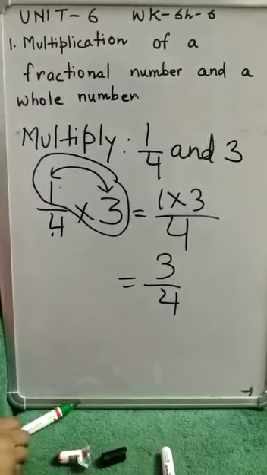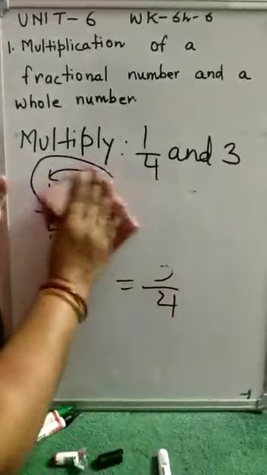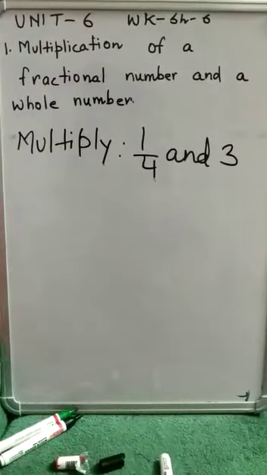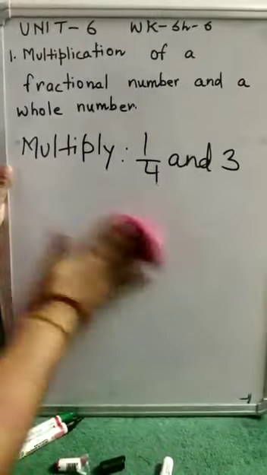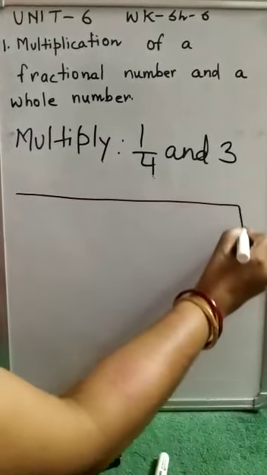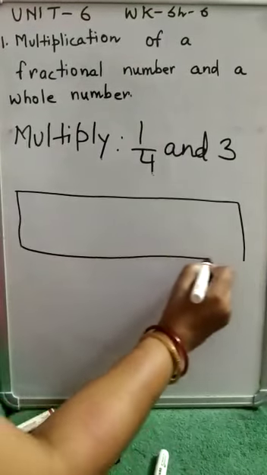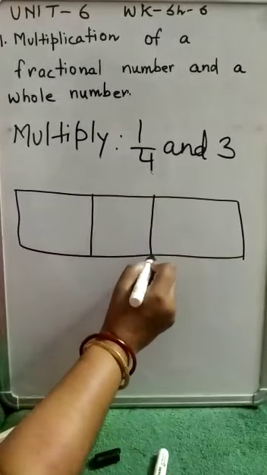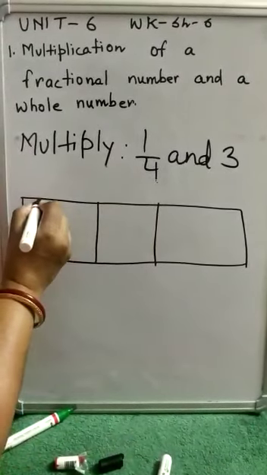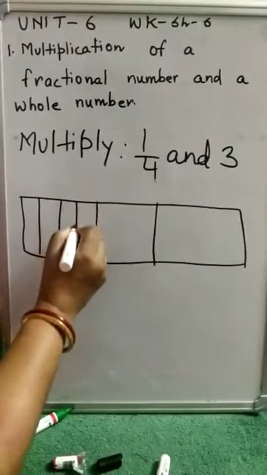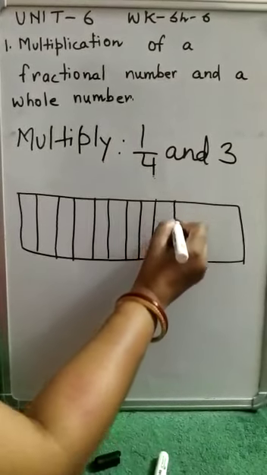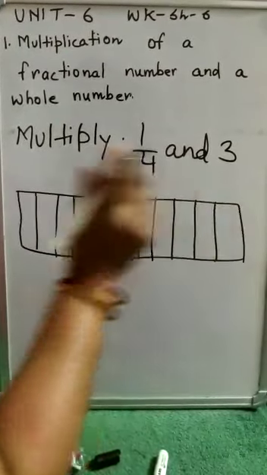Okay. Now let us clarify it with the help of a diagram. Now we take a rectangular sheet and divide it into 3 equal parts. Correct? First part, second part and third part. Here we divide each part into 4 equal parts. 1, 2, 3, 4. 1, 2, 3, 4. 1, 2, 3, 4.